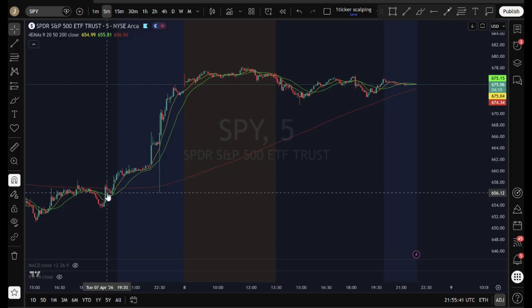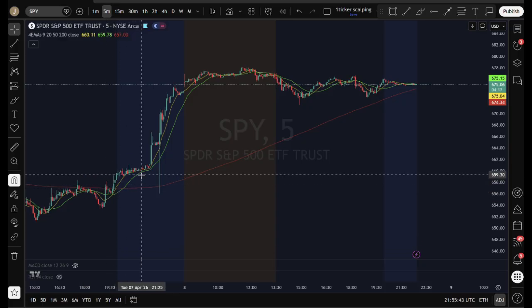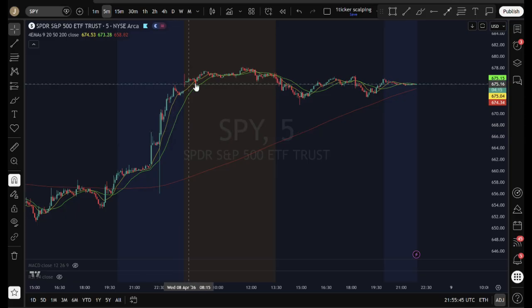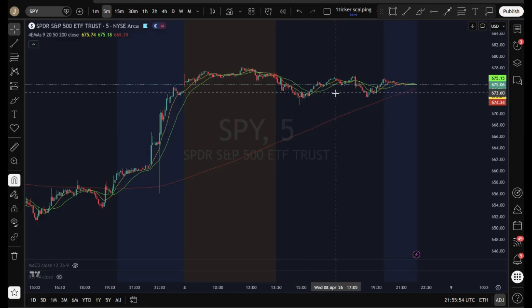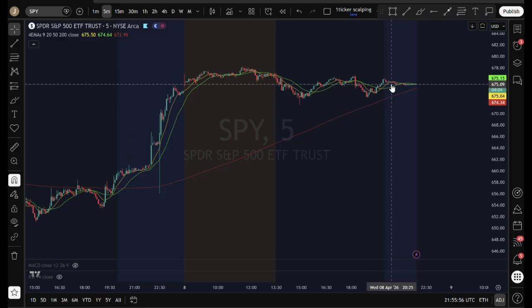Now when your price is above all three EMAs, your 200, your 20, and your 9, more than likely you'd be looking for call options for a continuation of going up.